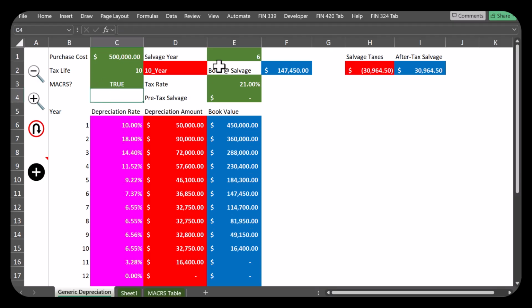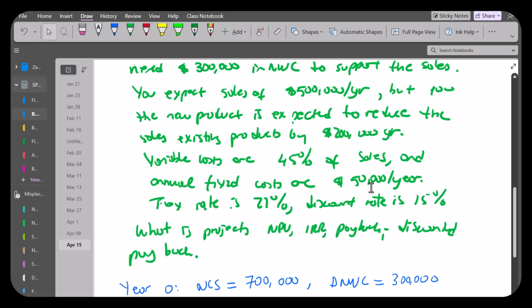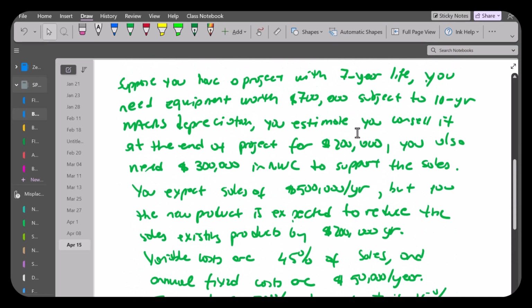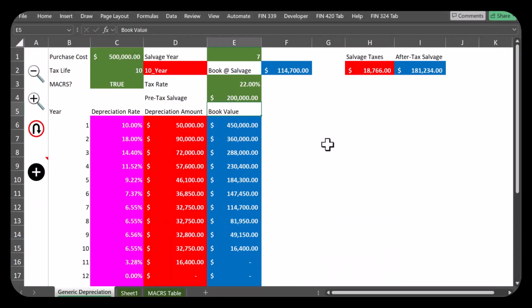Since we're going to calculate salvage value anyway, we might as well do it now. We're going to get the salvage in year 7. Tax rate is 22%, and I think I said 200,000 for that. Let's check. Yes. So these are our depreciation amounts, and as a byproduct, we also know the after-tax salvage.